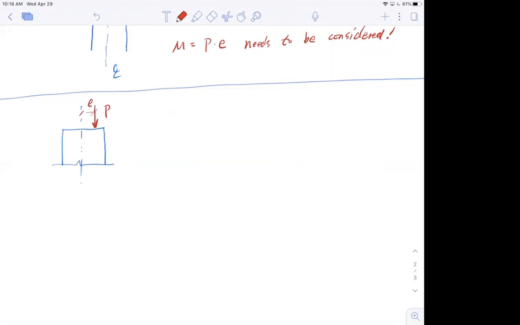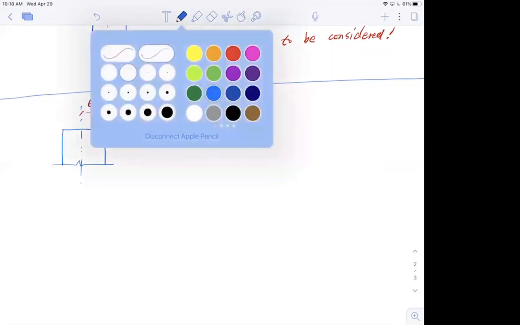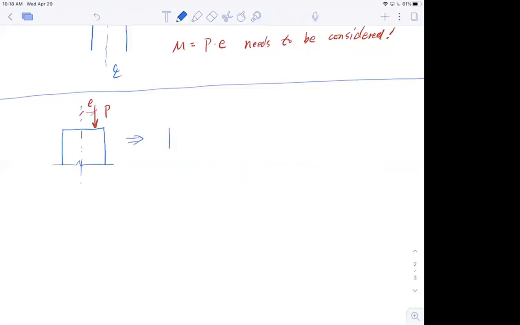From mechanics of materials, we know that this is equivalent to a section with a force right here and a moment right here. The distance e is the eccentricity.